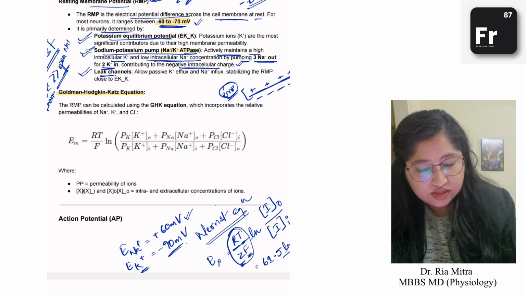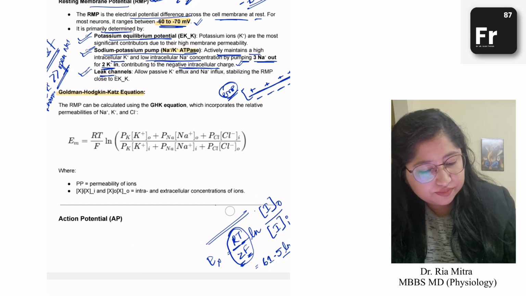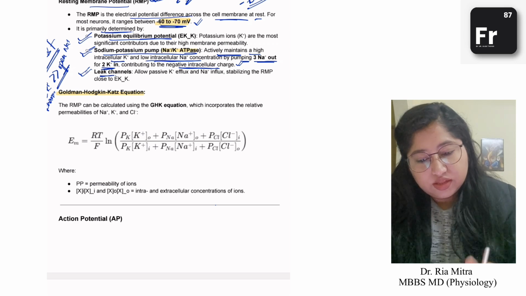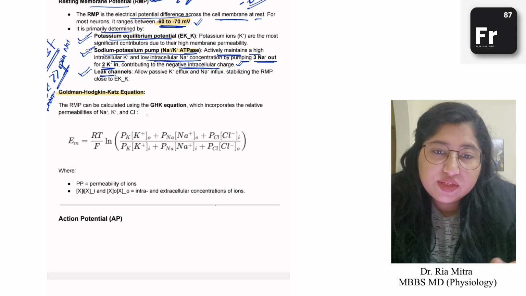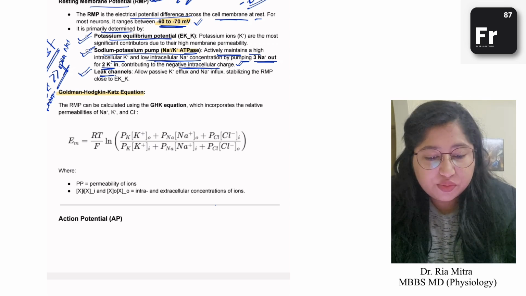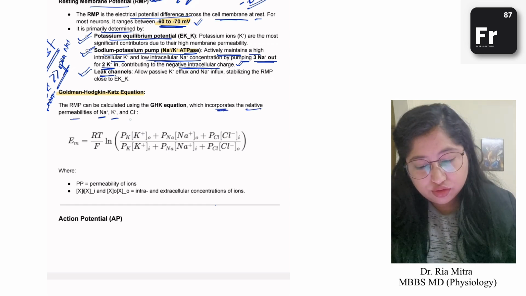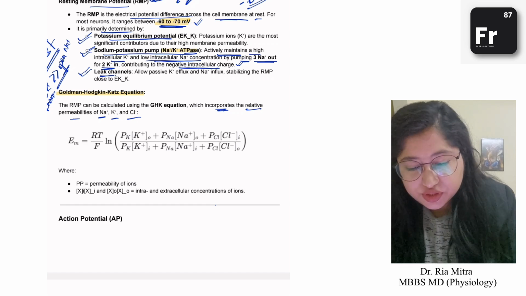Now, a combination of this Nernst equation is the Goldman-Hodgkin-Katz equation. Let me quickly erase this here. The resting membrane potential can be calculated using the Goldman-Hodgkin-Katz equation, which incorporates the relative permeabilities of sodium, potassium, and chloride. Now, what do you see here?